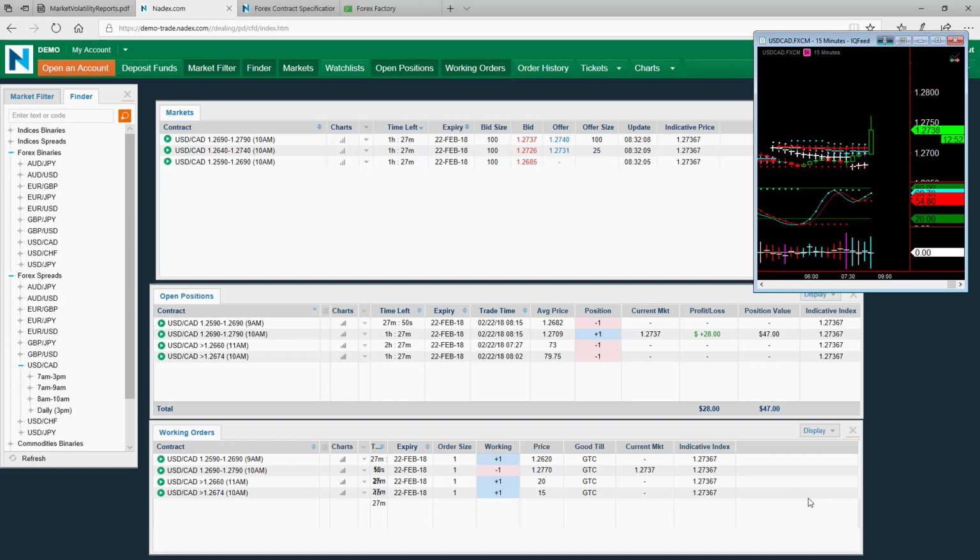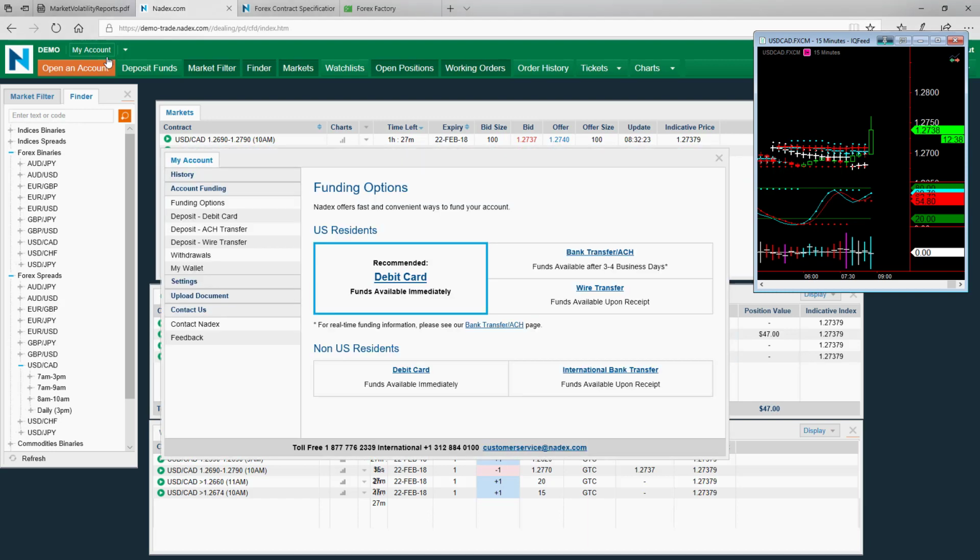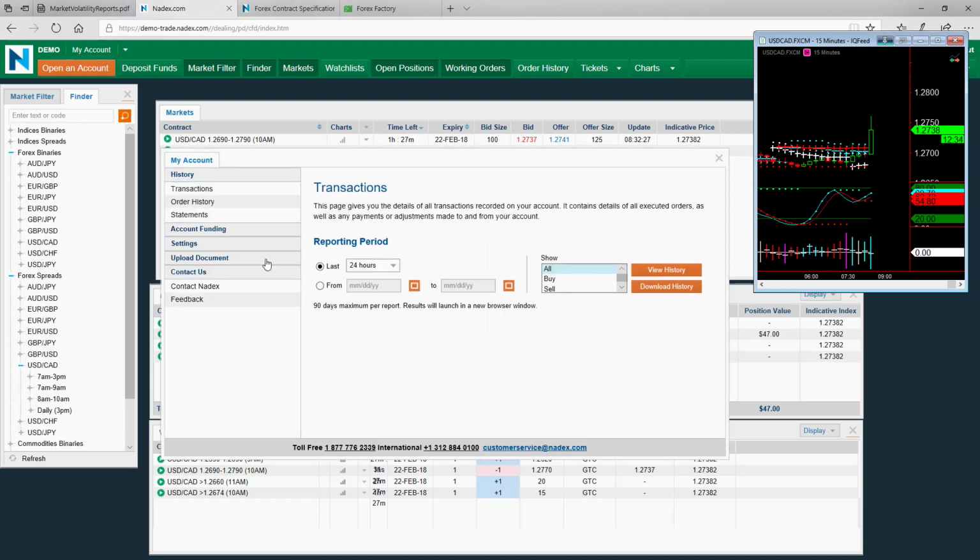And this is another issue when you're trying to figure out, okay, did I make money or not? Because they were filled really, really quickly. The easiest way is to go to my account, go to history, transactions, and I do the last 6 hours, okay?